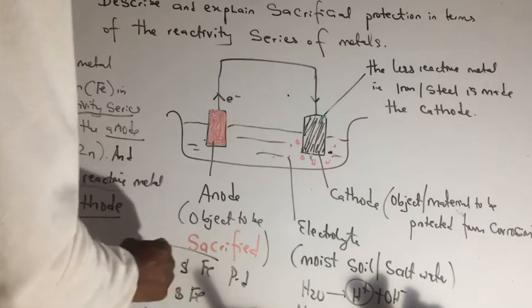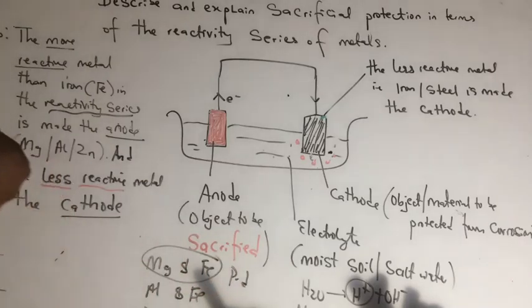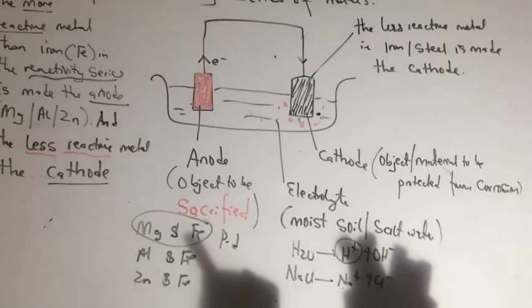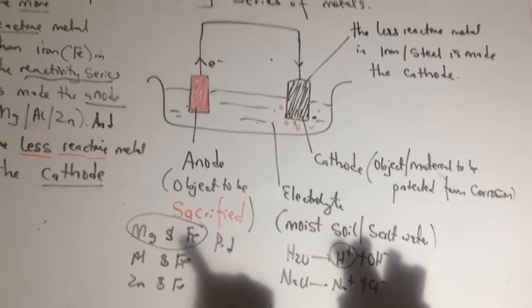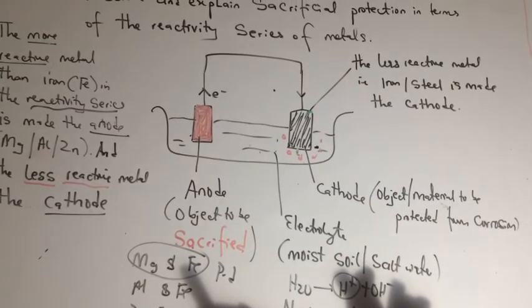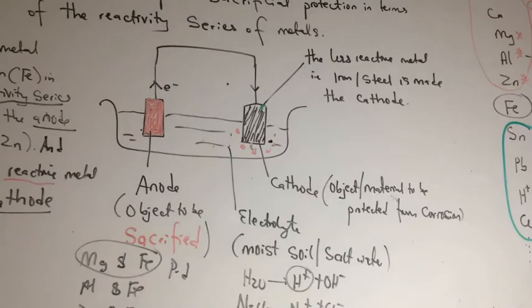So this one will have the highest potential difference because they are further apart compared to the difference between iron and the others. Now the choice of material among these three metals, magnesium, aluminum, and zinc, matters.